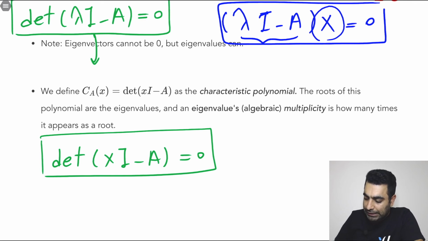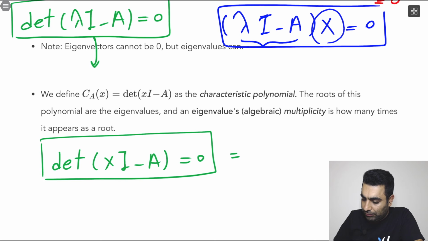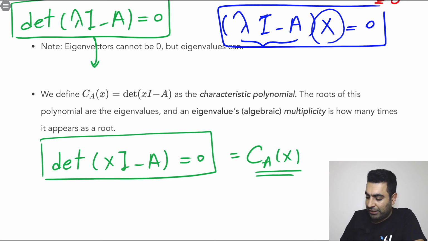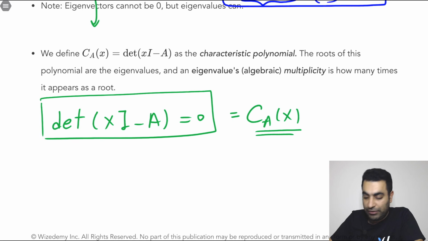That's why this equation generates a polynomial in terms of x. That's why we call it the characteristic polynomial of a matrix A. So C_A(x) means that we have the characteristic polynomial of a matrix A. The solutions, or the roots, of such a polynomial would basically be the eigenvalues of the system.